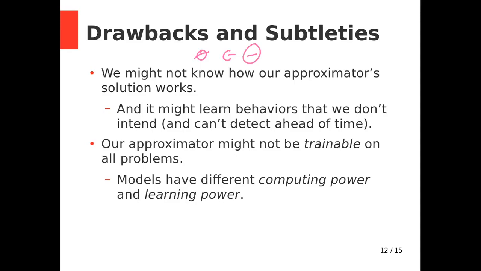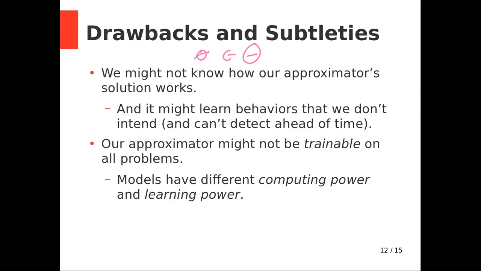description of what's happening. Now, you'll hear that we kind of don't know how our solution works, and what people mean is we don't know the behaviors that it's learning. If we have some huge model that has hundreds, thousands, millions, billions of parameters, it might be very, very difficult for us to develop abstract descriptions of the kind of behaviors it's learned, the kind of rules it's learned to solve the problem.